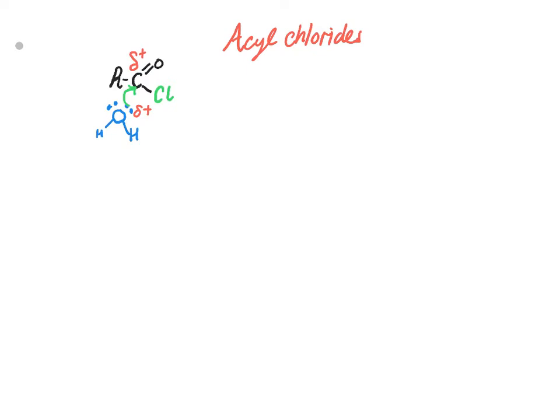This is unsustainable because there are now 1, 2, 3, 4, 5 covalent bonds around the carbon, and therefore a bond must break. The resulting bond that breaks is the pi bond between the carbon and the oxygen here.